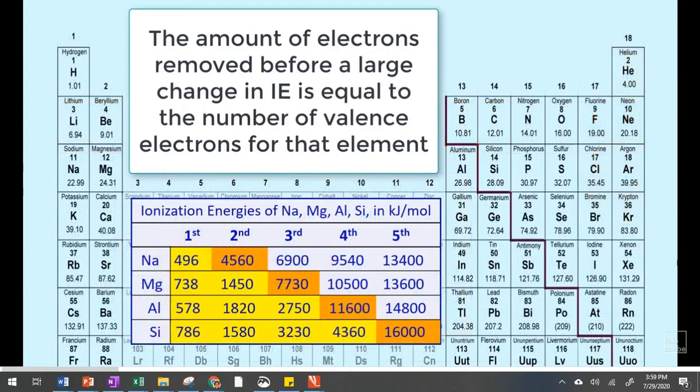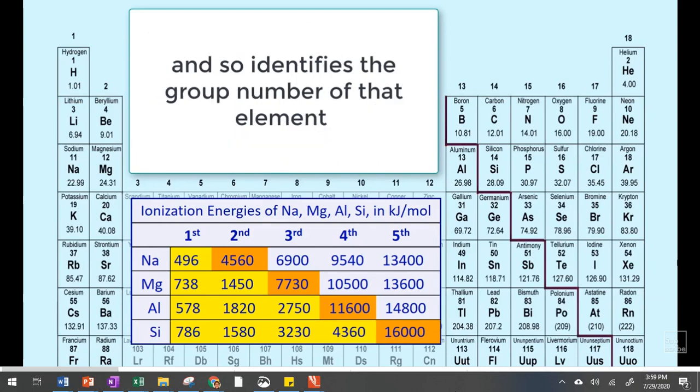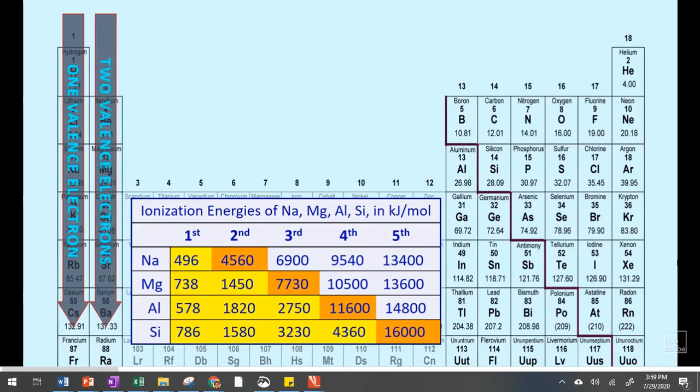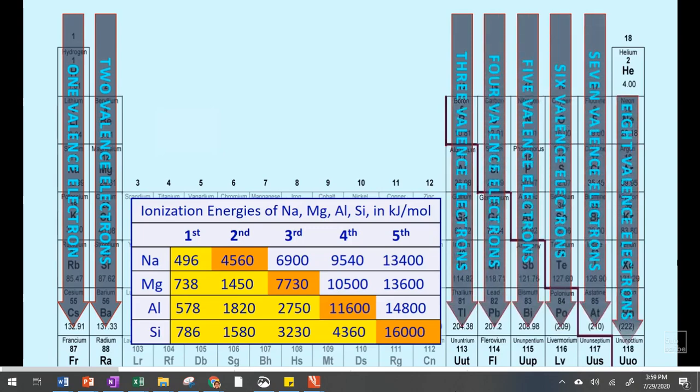Notice that the number of electrons removed before a large change in ionization energy is simply equal to the number of valence electrons for that element, and so identifies the group of that element. Elements with 1 electron removed before a large ionization energy change all have 1 valence electron and so are in group 1. Elements with 2 electrons removed before a large ionization energy change all have 2 valence electrons, and so on.